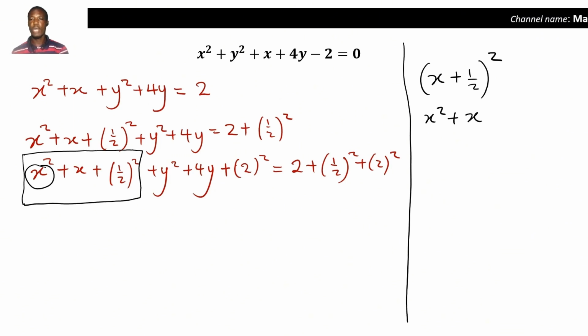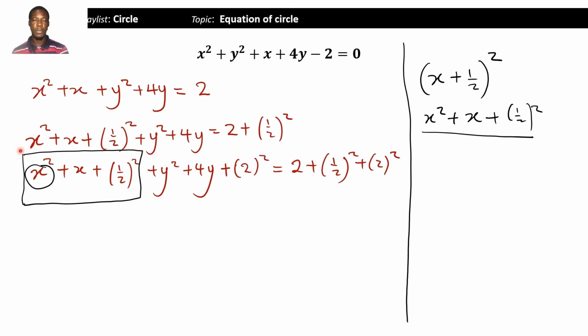And then we also square the constants. That will give us 1 over 2 squared. Now, when you look at what we just got, is it the same as what we have here, that I have put the rectangle on? You see that it is the same.